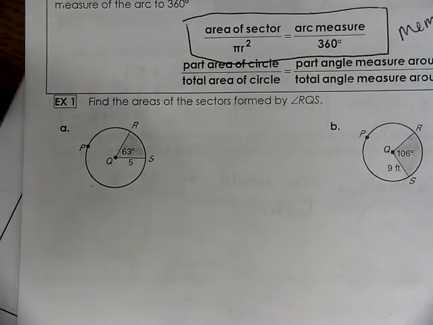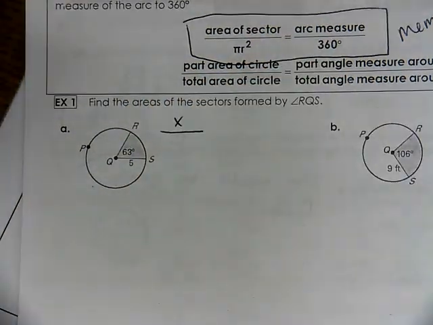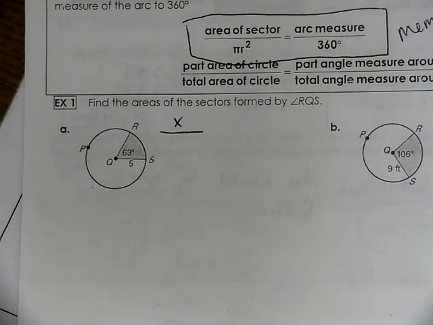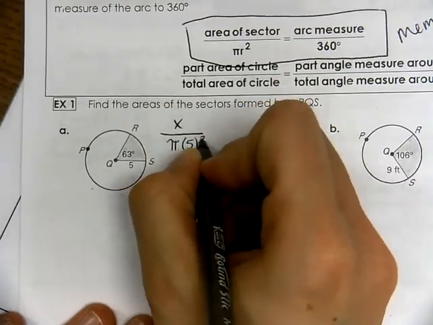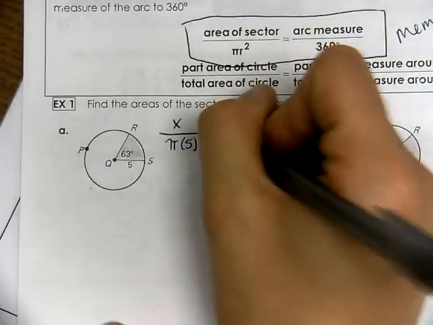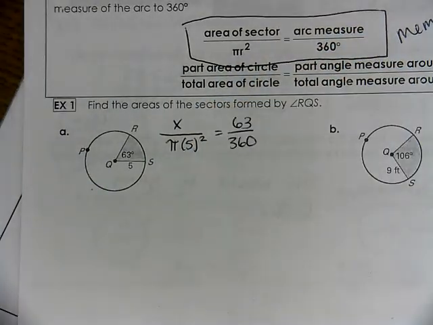Area of our sector here is going to be X. Area of the whole circle will be pi 5 squared, equals 63 over 360. So we're going to do the same process we did yesterday.